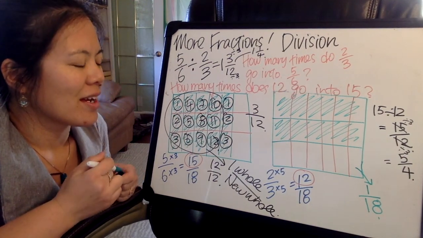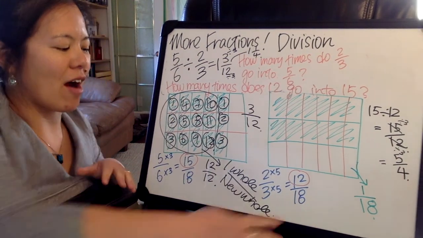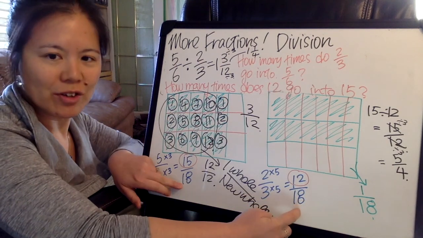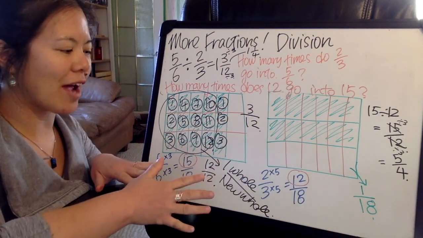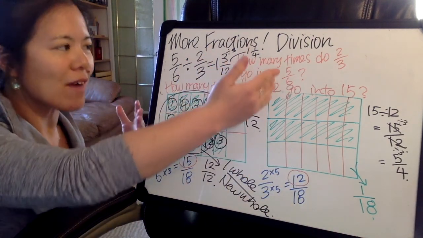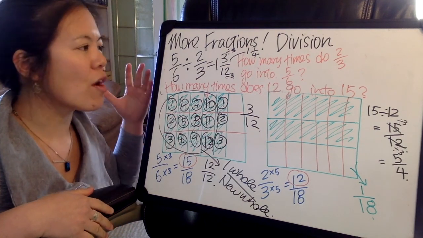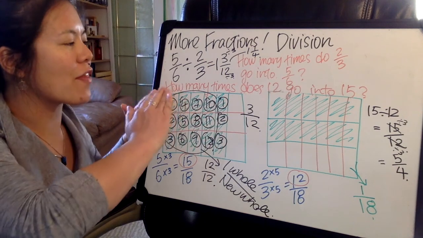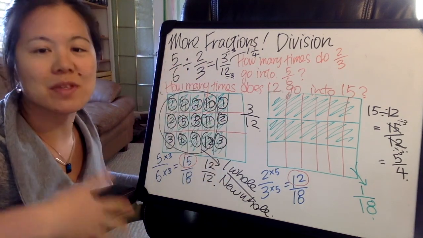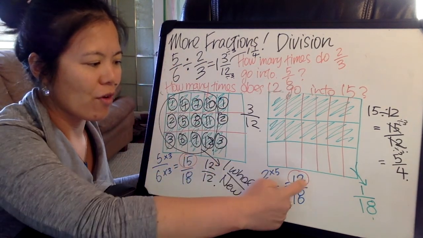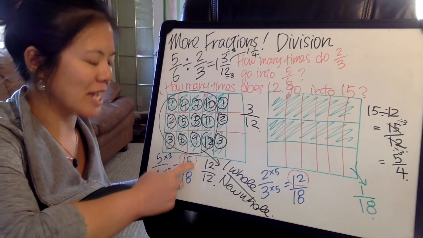So that's how we figured out our common denominator. That was 18, and we figured out that we can rewrite our question, how many times do 2/3 go into 5/6, and turn that question into how many times does 12 go into 15.